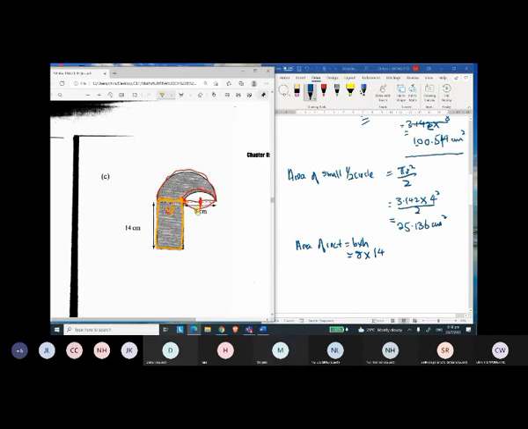How do you know it's 8, 8? Because this is the radius, 8. This line is 8, bigger than the small one.